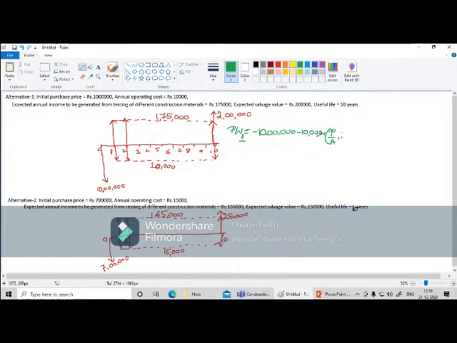So I am going to multiply it by P by A, I comma N. I is nothing but the interest rate. N is for how many years? So this 10,000 is for how many years? That is N. I is the given interest rate. P by A we are going to get from the formula.